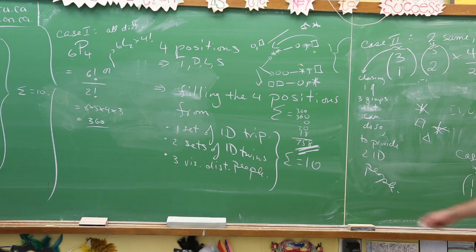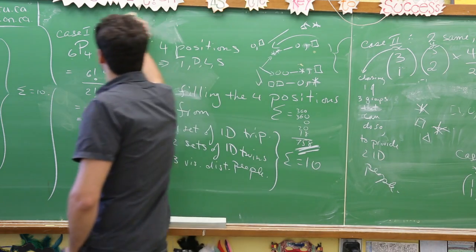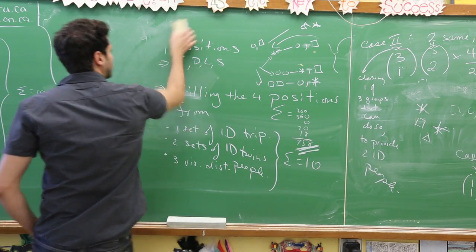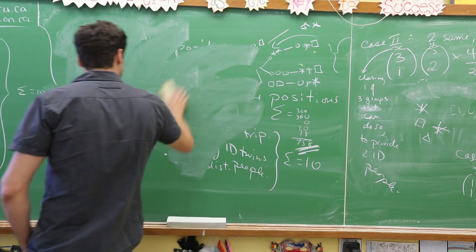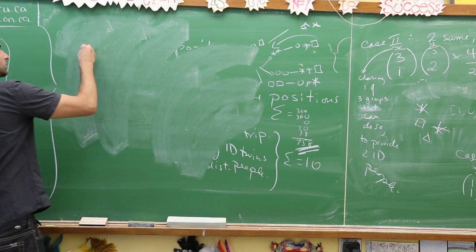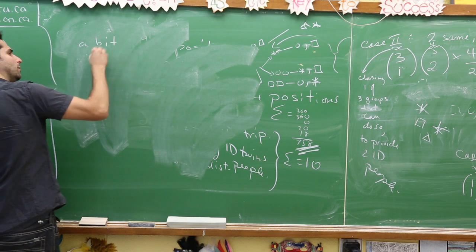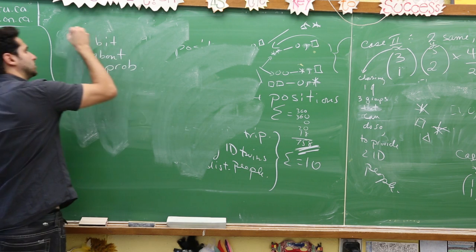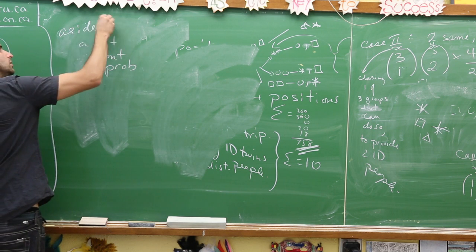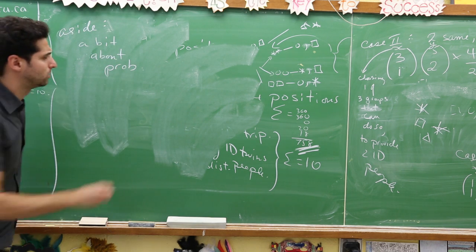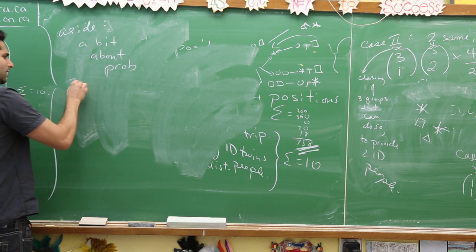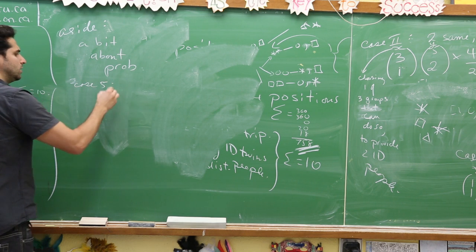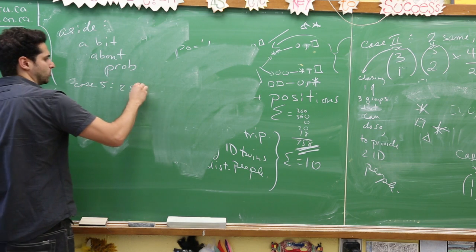This is very important. Let's focus in on, what was the last case that we just did? Okay, a bit about probability. This is going to be an aside. Let's abstract case 2. What was the last case? It was two same, or 2 pairs.